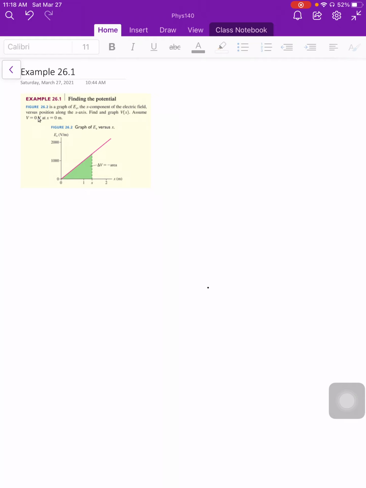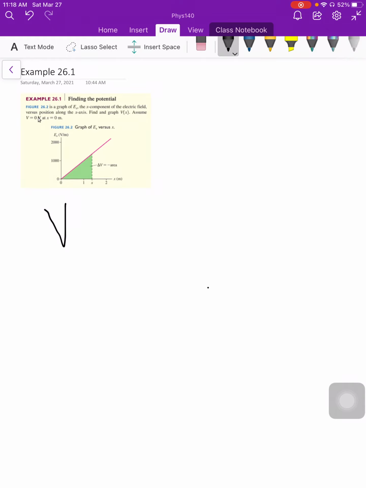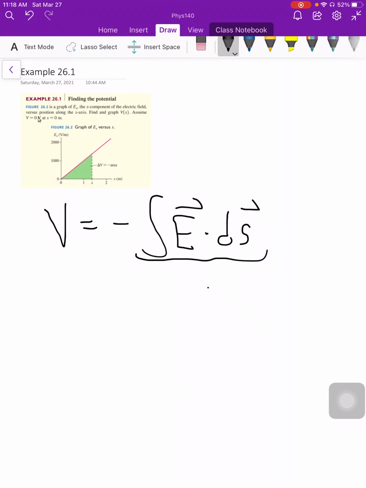So we're going to use this equation: V is equal to the negative integral of E dotted with ds. When we have an integral like this and we have a graph, the integral is just the area under the graph. We're just adding up all the pieces underneath that line that represents the electric field.